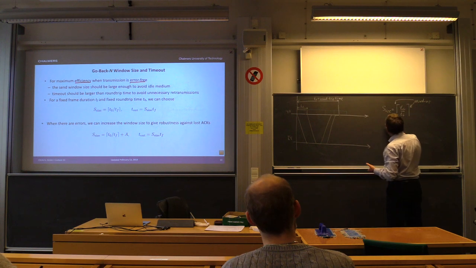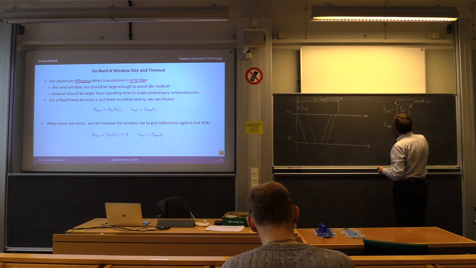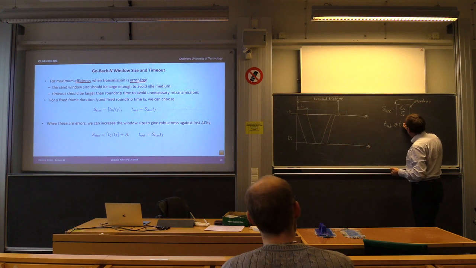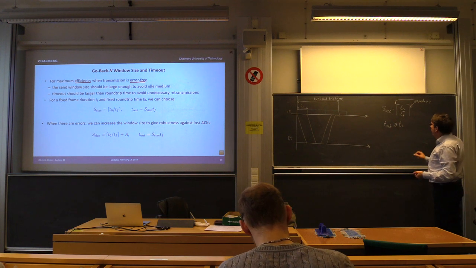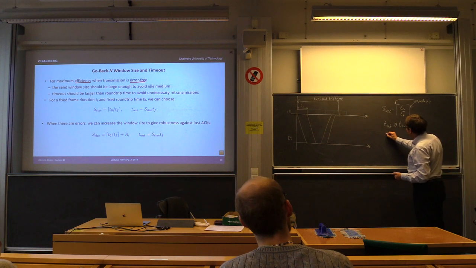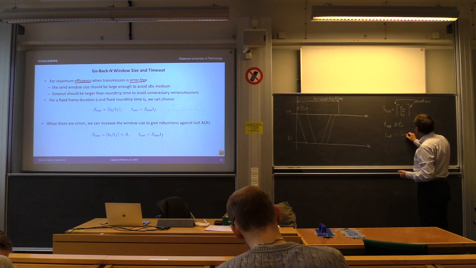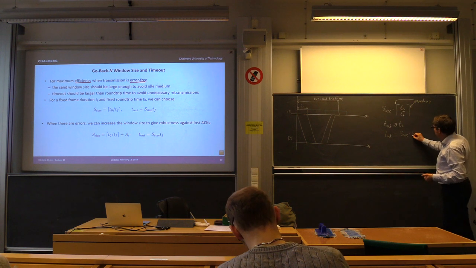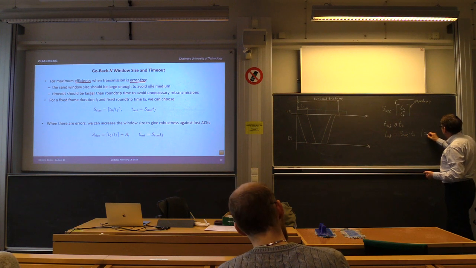Okay, so the timeout, we want that to be larger or equal to T0, always, right? And so one choice for timeout in this case would be to set it to C, the size of the send window times Tf, because this is greater than T0.